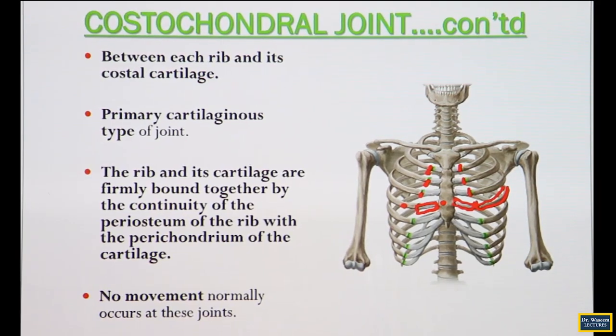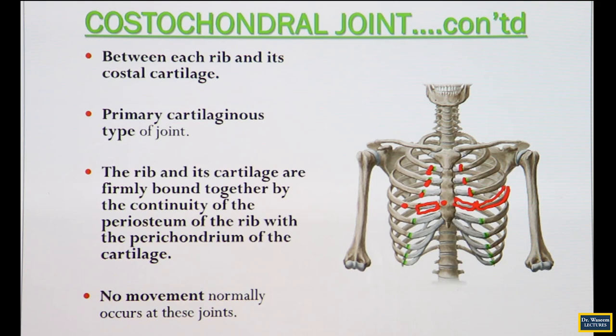Now, a very important fact: if you are watching your rib here, I already told you that from the costal side it has a cup-like ending here, and then comes your costal cartilage, and then the sternum or manubrium.